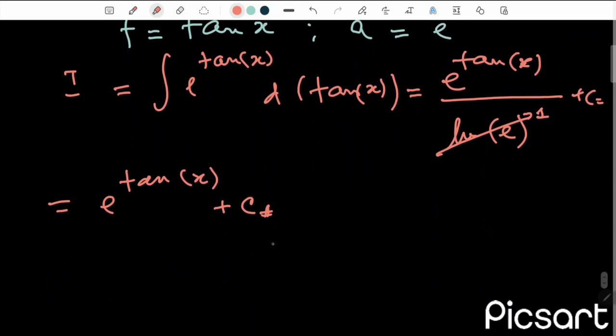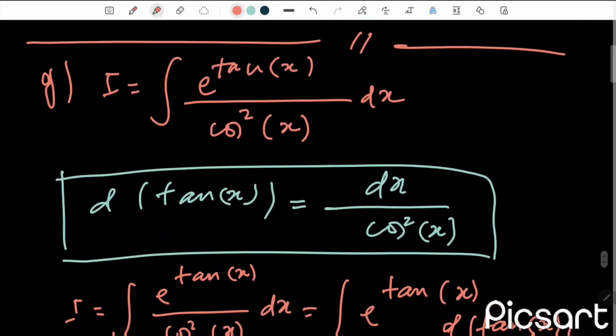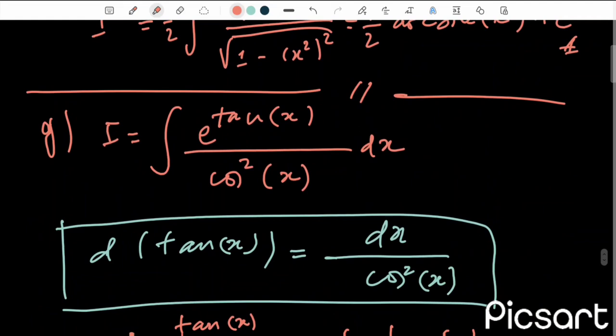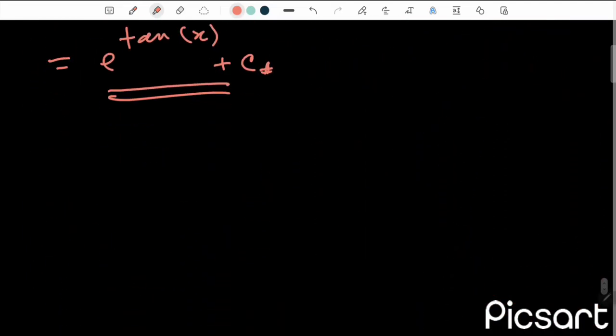This is the solution. On the other hand, we can observe the second path for this case.